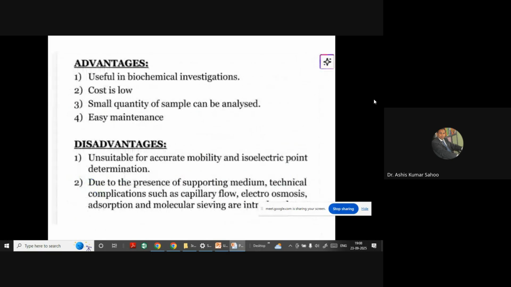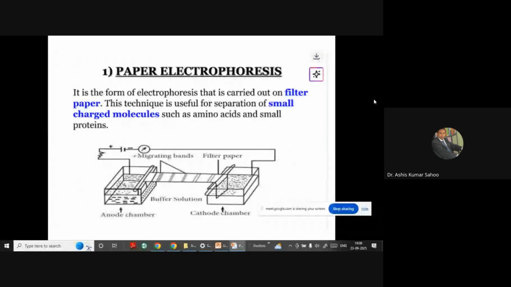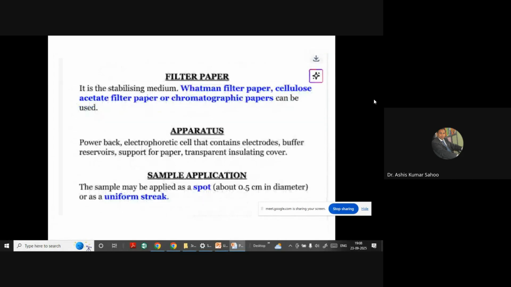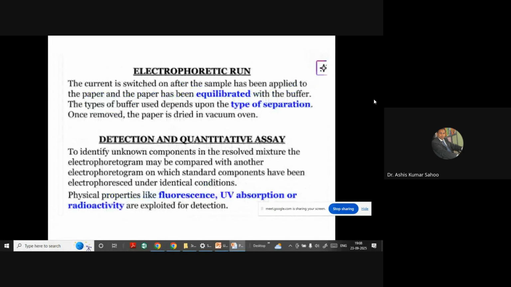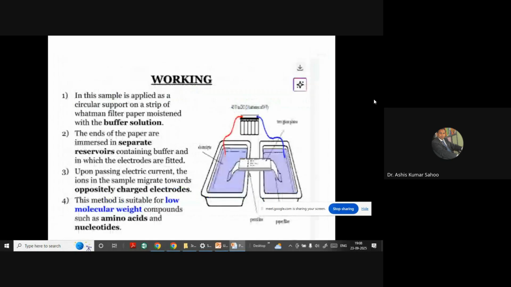These are the advantages and disadvantages of gel electrophoresis. Paper electrophoresis is very important. The paper, and after electrophoresis is done. So this is the working of electrophoresis.